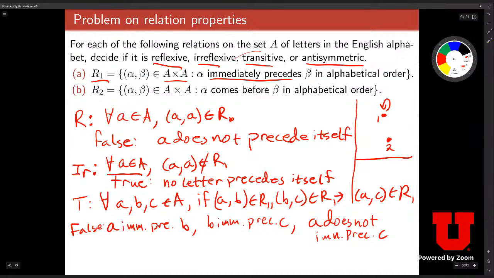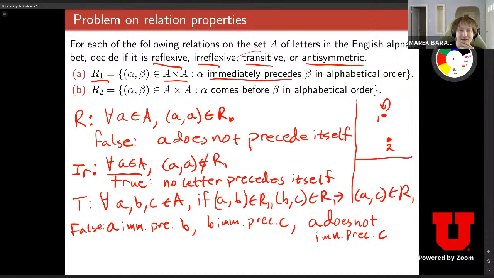How does that apply in this relation here, because we only have alpha and beta? Alpha and beta are elements of the product of the alphabet with itself. So it's the pairs like AB, AC, and so on.